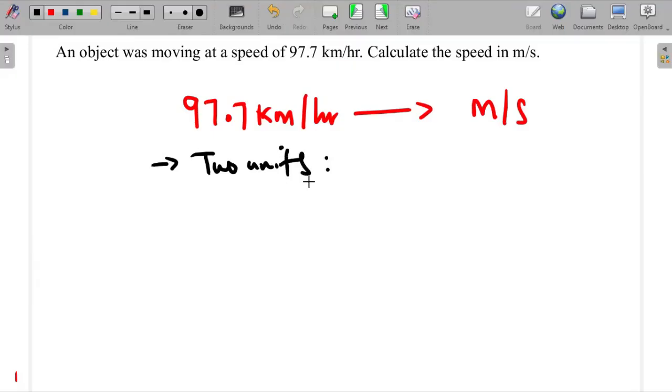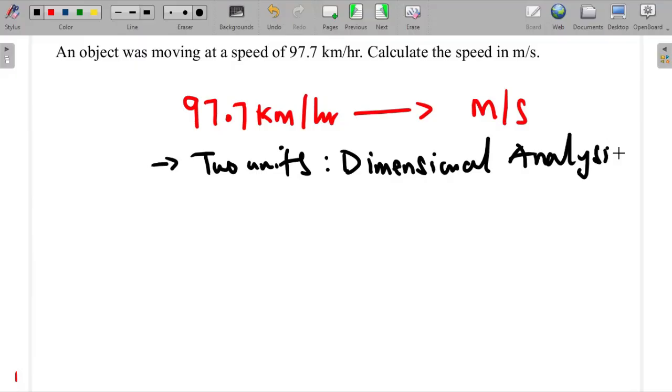The technique that you are always going to be using is what we call dimensional analysis. So now what is this dimensional analysis? In physics, you're going to use dimensional analysis to check the homogeneity of different equations.